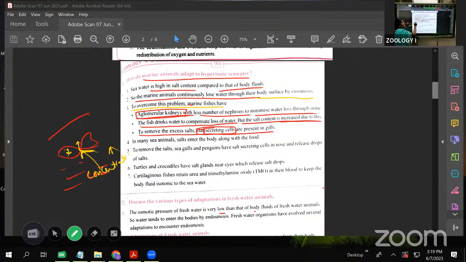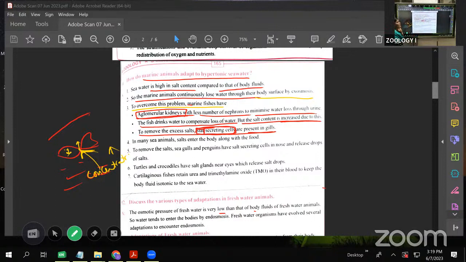To remove that salt, they have special adapted cells. They are called salt secreting cells, and they are present inside the gills.